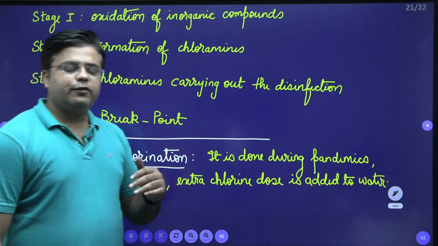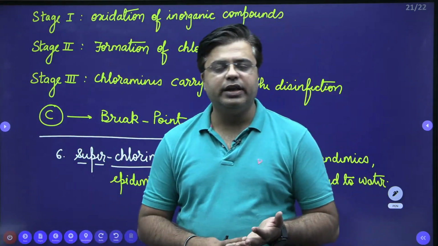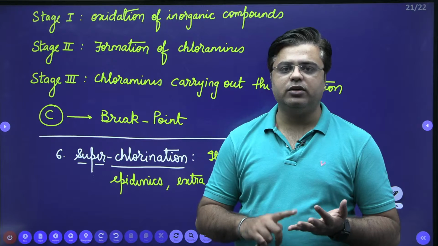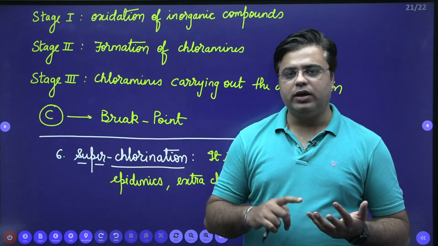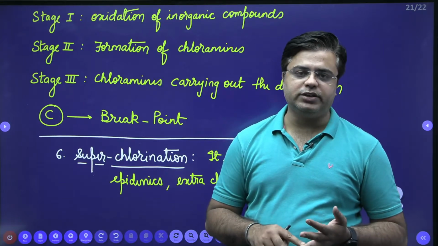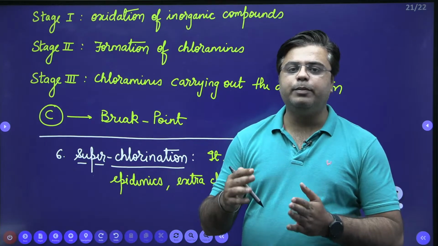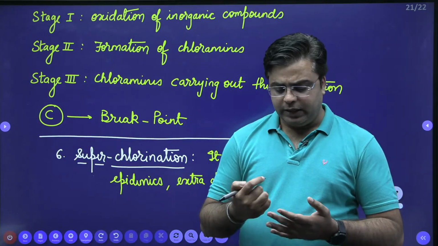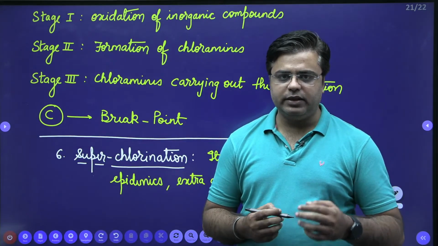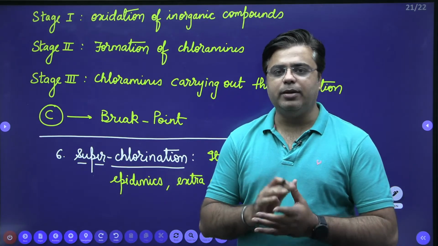So, these are the different forms of chlorination that we do. We start with plain chlorination or pre-chlorination or post-chlorination or double chlorination or breakpoint chlorination or superchlorination. In normal working conditions, we go with the breakpoint chlorination, right? Especially in rainy season when the impurities are more, then we can go with the double chlorination, right?